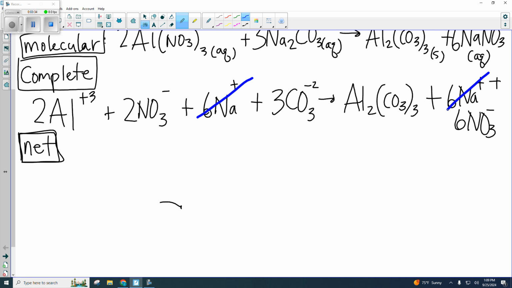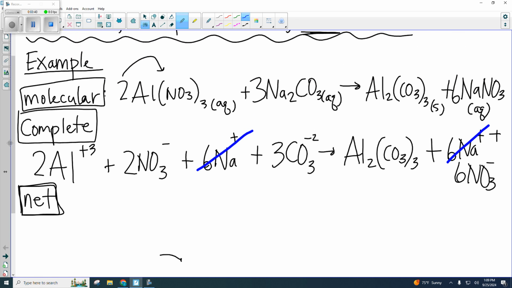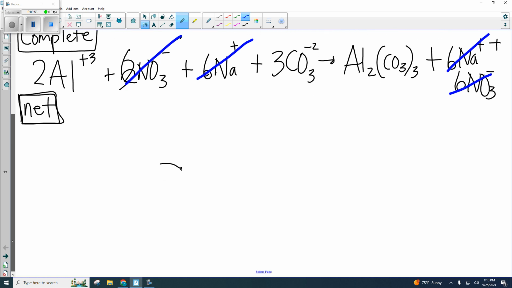The same thing with my nitrates. I must have done the math wrong. I did. Look at my mistake. 3 times 2, this should be a 6. And then those 6 sodium ions are going to react with those 6 nitrate ions. And then I have my net.